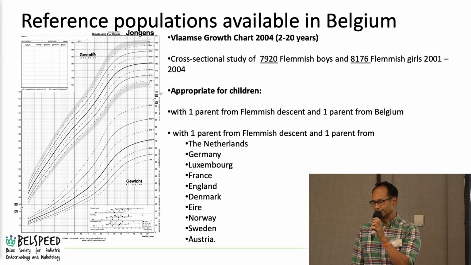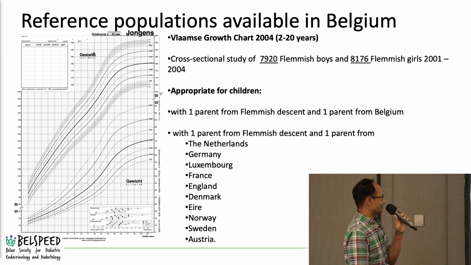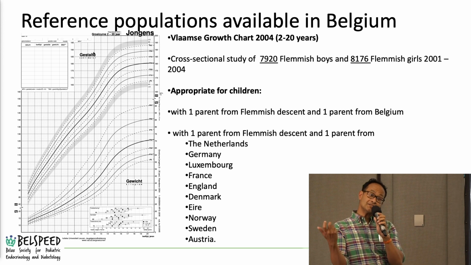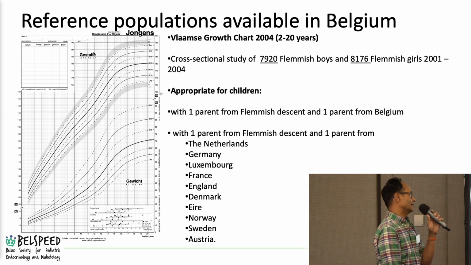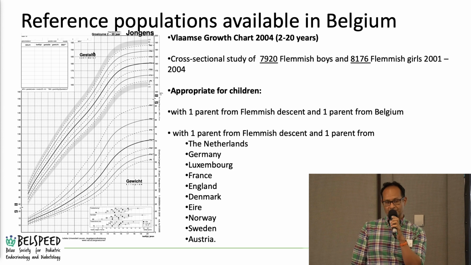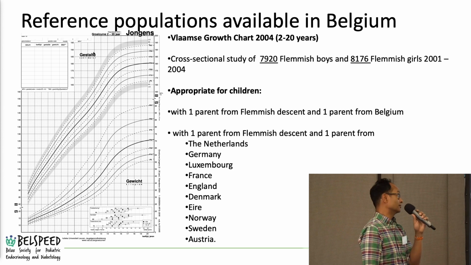So what kind of reference populations do we have in Belgium? I work in Flanders, in Vlaanderen, so in the Flemish part of Belgium, and we use the Flemish growth charts. They were established in 2004. It was a cross-sectional study of roughly 8,000 Flemish boys and 8,000 Flemish girls.